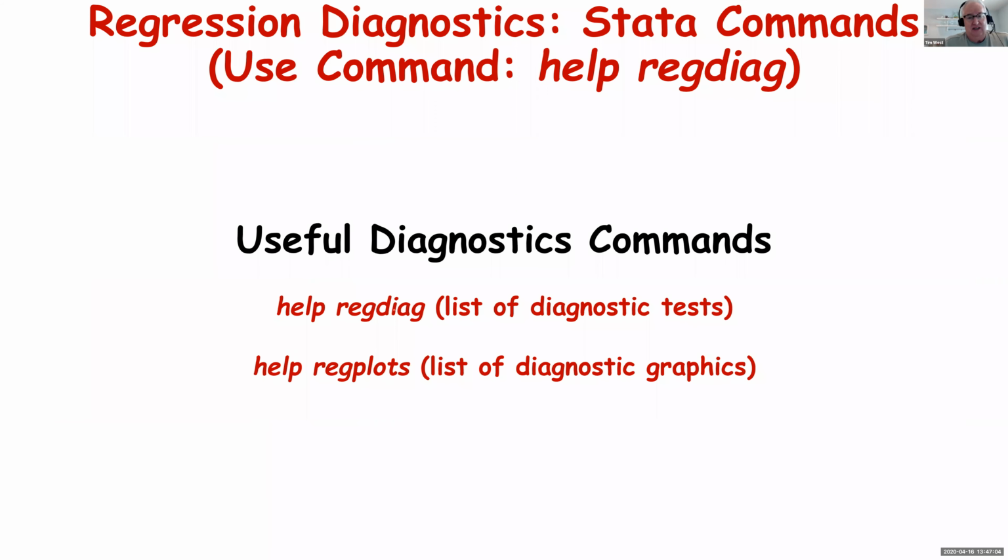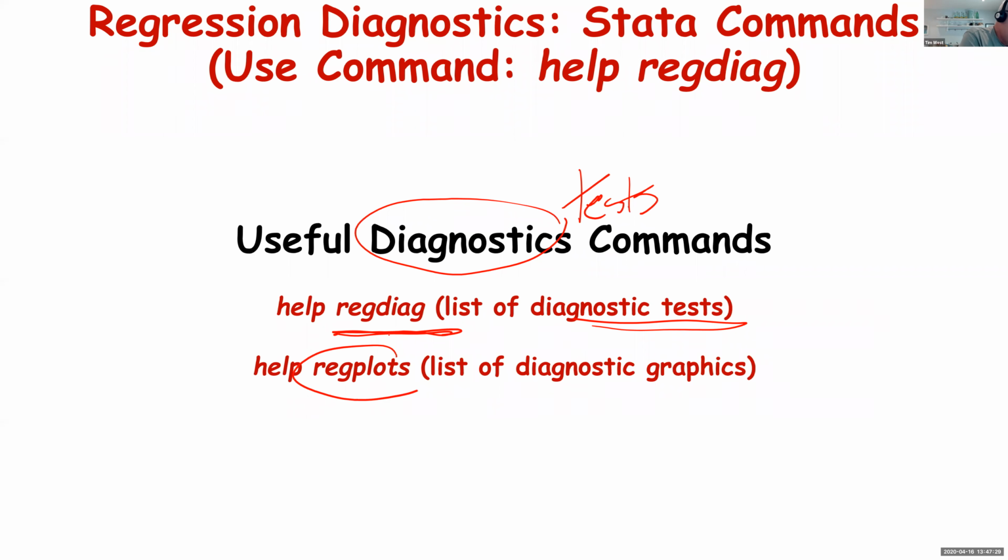All right, a couple of informational pieces. In Stata, you can find a variety of help for different things. If you're interested in the diagnostics, and in this case the particular tests, all you need to use is help reg diag, so for diagnostic. That will give you a list.